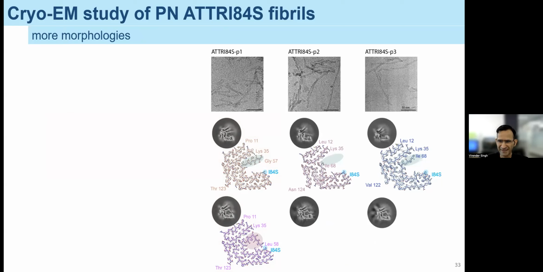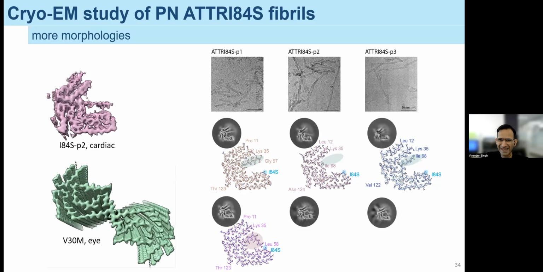In one case, the arm was shorter or broken, and in another case, the arm was slightly inclined, which actually mimics the V30M structure which was solved earlier, although the resolution was not good enough, so we could not model it to that extent.